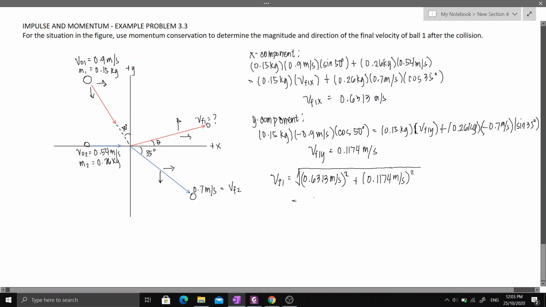So v sub f1 is equal to 0.6421 meters per second.